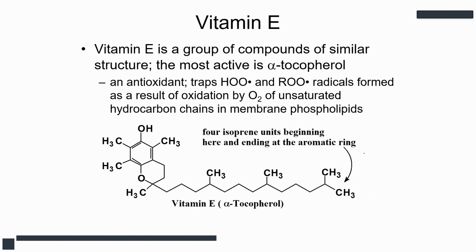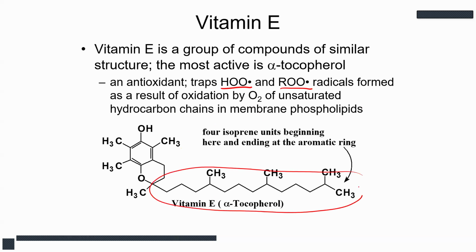Vitamin E, also a fat soluble vitamin, is a group of compounds of similar structure. The most active form is alpha tocopherol. It's an antioxidant. It traps free radicals, which are formed as a result of the oxidation by O2 of unsaturated hydrocarbon chains in membrane phospholipids.